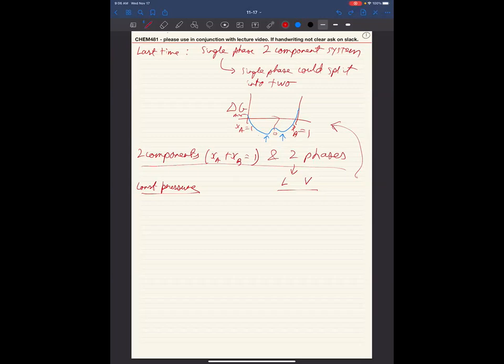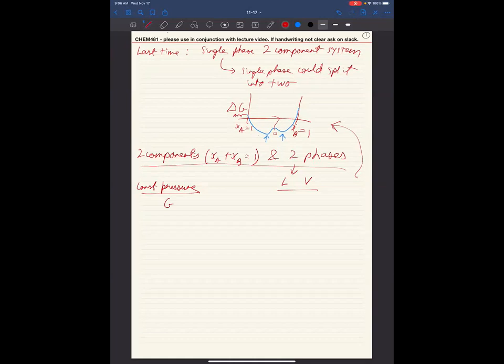Yeah, so Gibbs, right? Is everyone confident with that? When would you do Helmholtz? Temperature and volume, right? So we are talking about temperature and pressure. We have kept the pressure constant. We are talking about which temperature liquid will change to vapor. Okay, so at constant pressure, our free energy of interest is the Gibbs free energy.